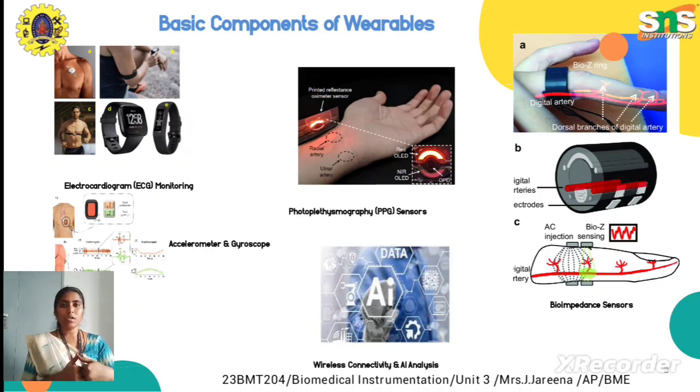Okay, so first, let me tell you what is meant by wearables, and then we will move on to the basic components of wearables. The wearable is something we carry on our body 24 by 7. For example, as we wear our watch, bracelet, ring, shoes, dress, and so on. Similarly, we wear the device on our body in the form of a shirt, smartwatch, and so on.